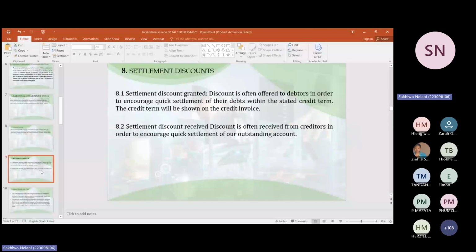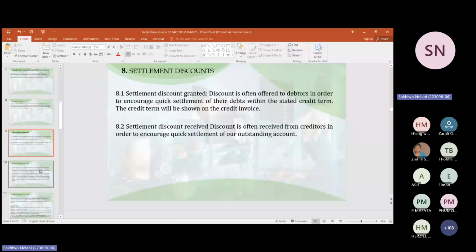Your settlement discount, we tried to touch base in terms of this element to say, what if there is early settlement of the account, what could be the treatment in terms of the accounting. And our discussions have highlighted this.